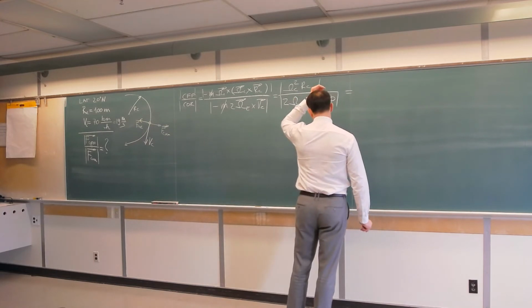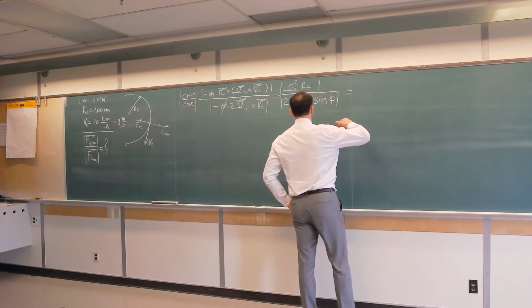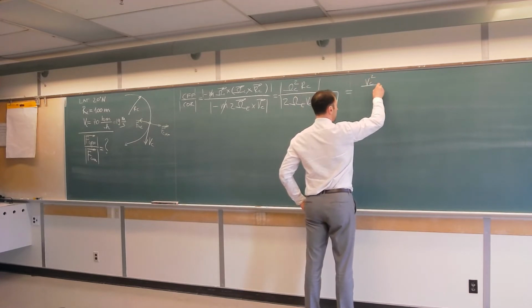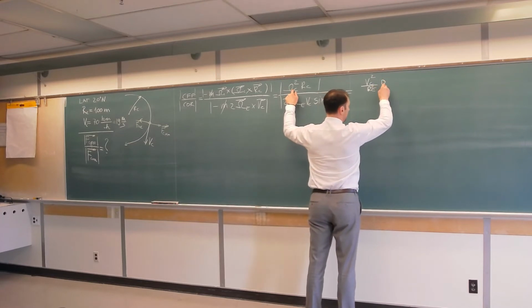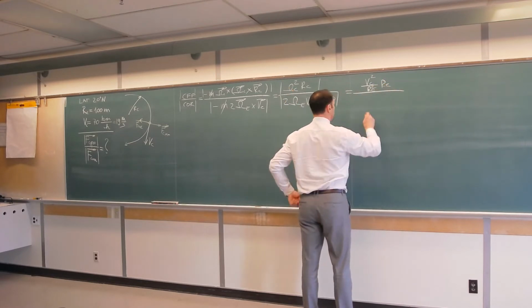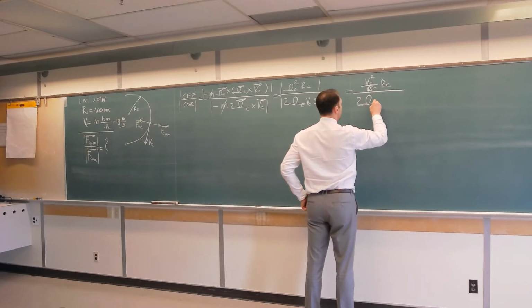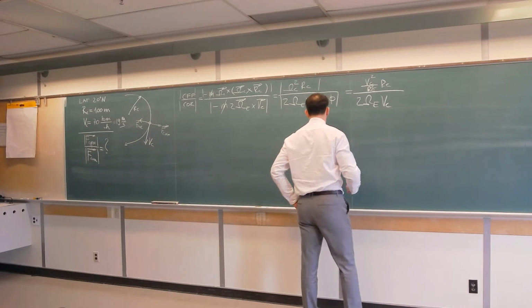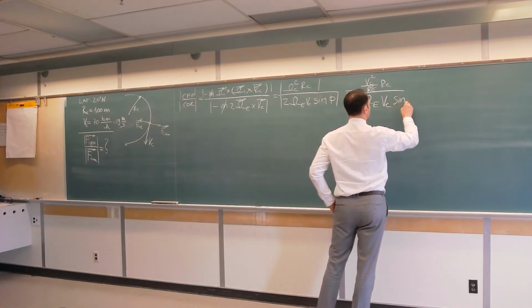So this is further equal. Now, omega of the car is velocity of the car over radius of the curvature of the car, so squared times radius of the curvature divided by 2 omega of the planet Earth, velocity of the Range Rover, sine phi.